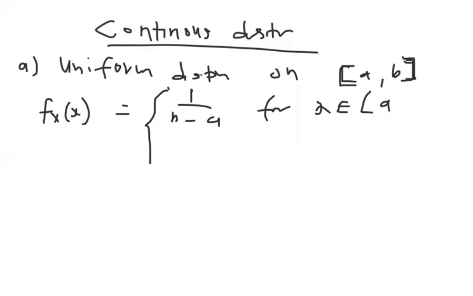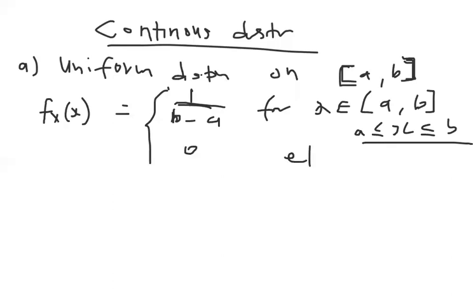This is the same as a less than or equal to x less than or equal to b. This means you would have to integrate. Anytime you have an integral, it is called continuous. So this is when x falls between a and b, and 0 elsewhere. This is what we call the continuous uniform distribution.